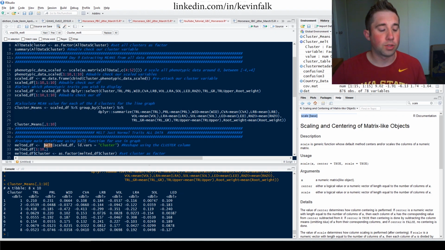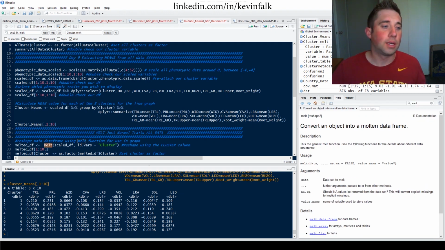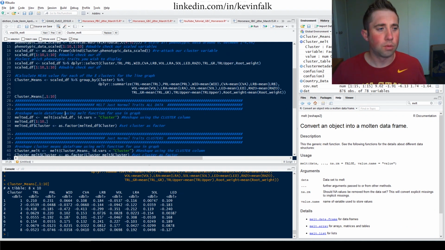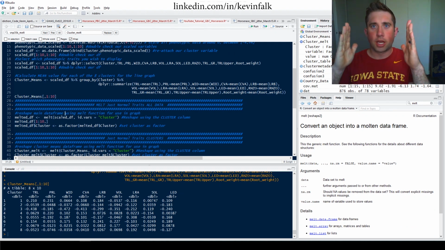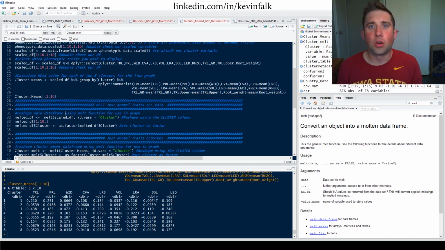So to do that, we use the melt function, which is within the reshape2 package in R. And it's a generic melt function. So we have this very wide table, and we want a narrow and long table essentially, and that will make it much easier to graph.